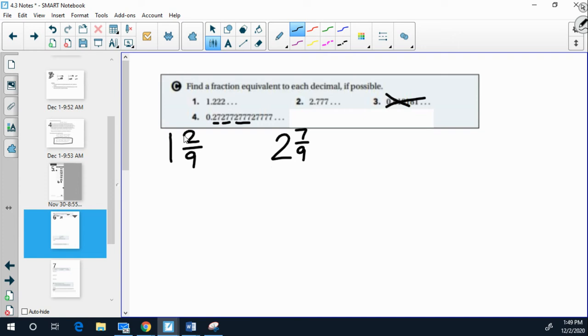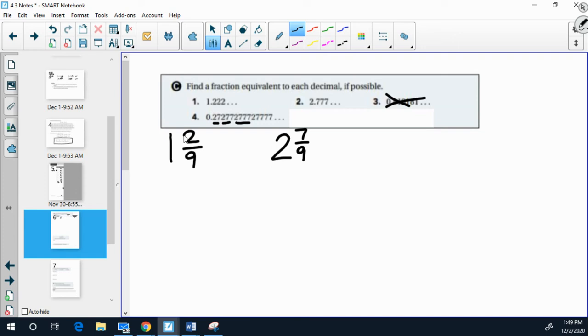The pattern is changing. So this is the one type of decimal that we cannot turn into a fraction because the pattern keeps changing. We can only convert decimals that either repeat or terminate.